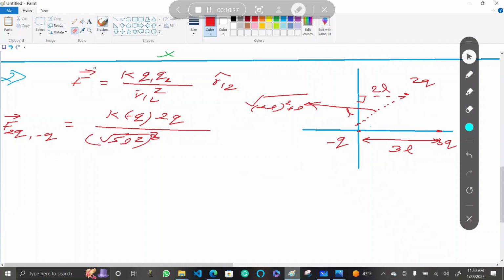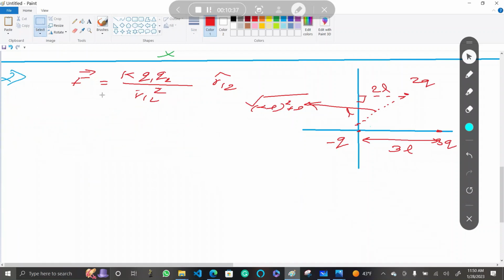Before that, I think it would be better to calculate the r12 vector before proceeding further. Let me give names to these 3 points.